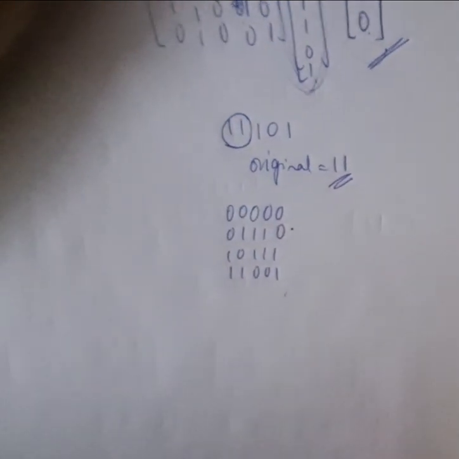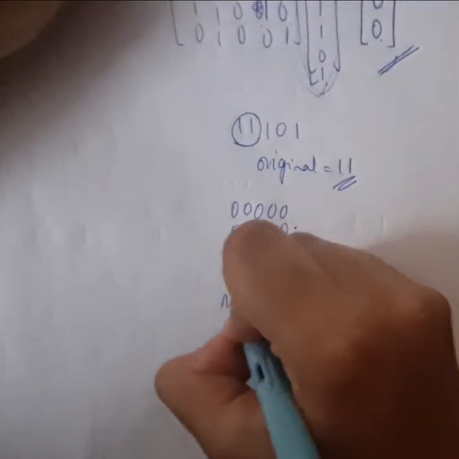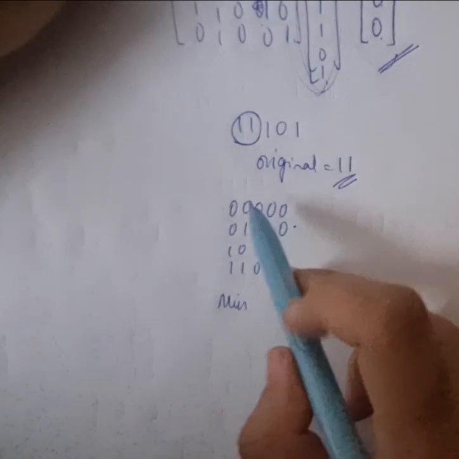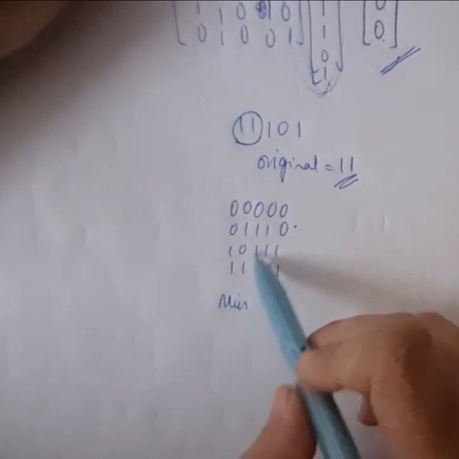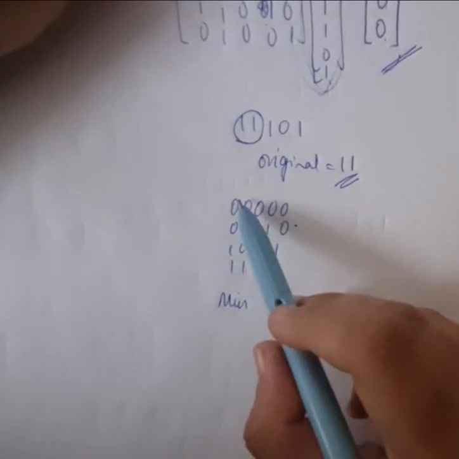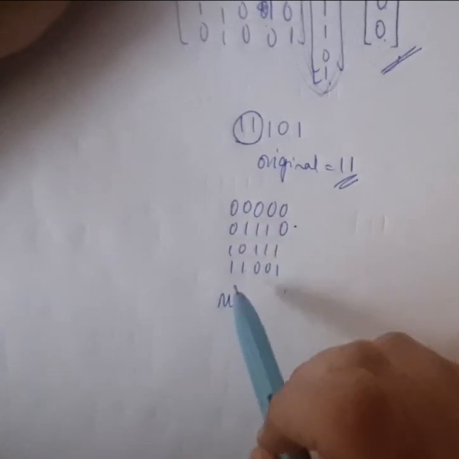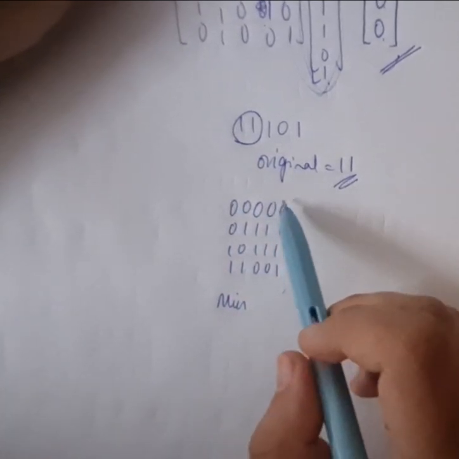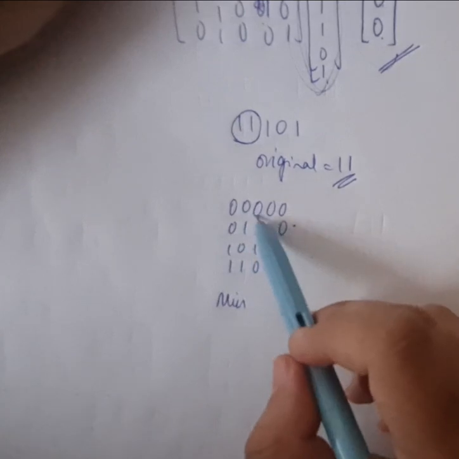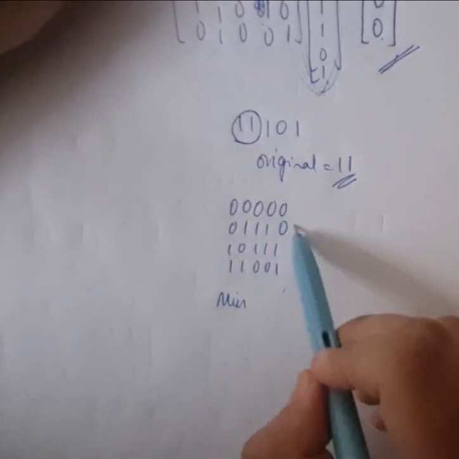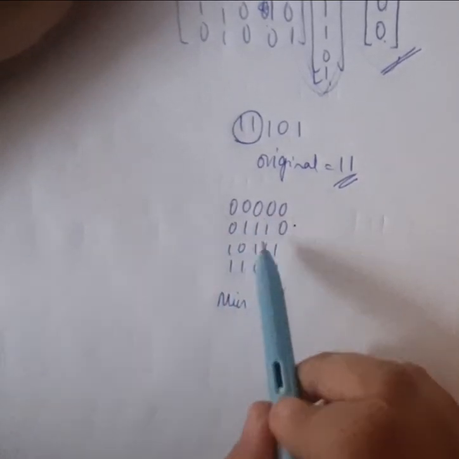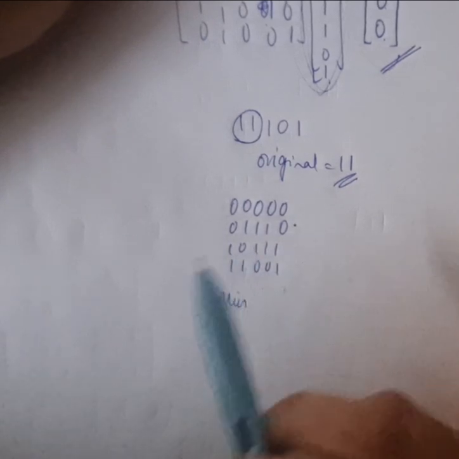Now you have to find the minimum Hamming distance between any two pairs. So you have to find the Hamming distance amongst all of the possible pairs and choose the minimum one. Hamming distance is the number of bits in which the words differ.